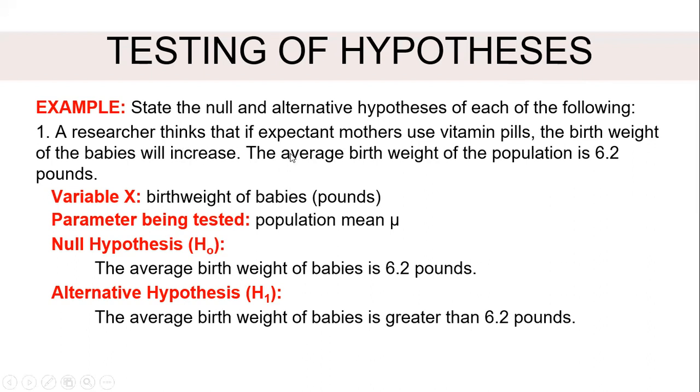It says that if expectant mothers use vitamin pills, the birth weight of the babies will increase. Increase implies that it will be greater than. That's why that is our alternative hypothesis. I hope it's clear with you. You could say it's also higher than 6.2 pounds. That's still correct. So it's important as well that we know the proper terminologies for such. No?